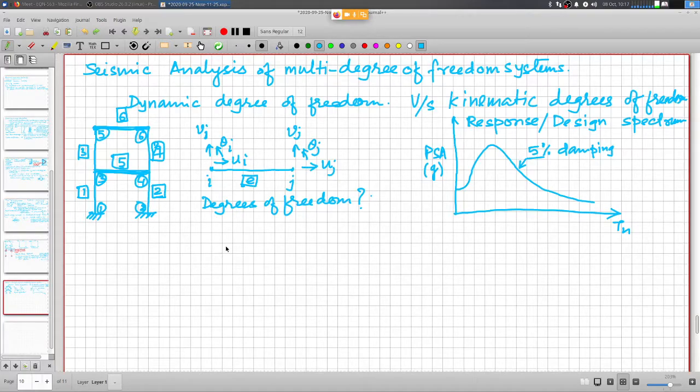Okay, so continuing with our initial discussion on single degree of freedom system, let's talk of a simple building, maybe a warehouse kind of a structure which has some mass and stiffness.